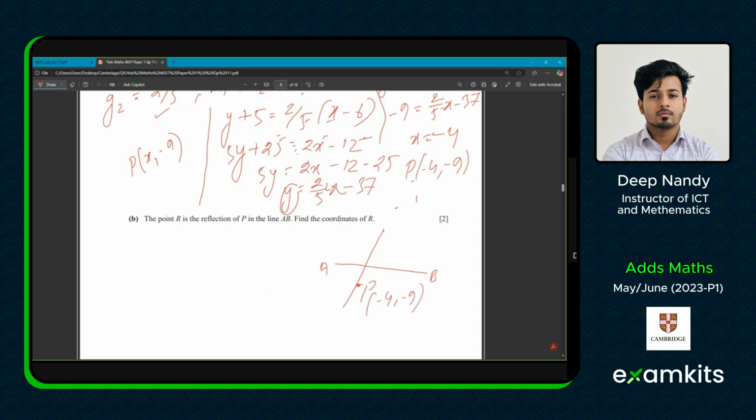It says the point R is the reflection of P in this line. So if we reflect it, the coordinates we'll be getting are (16, minus 1). So the coordinates of R are (16, minus 1). That is the reflection of point P in line AB.